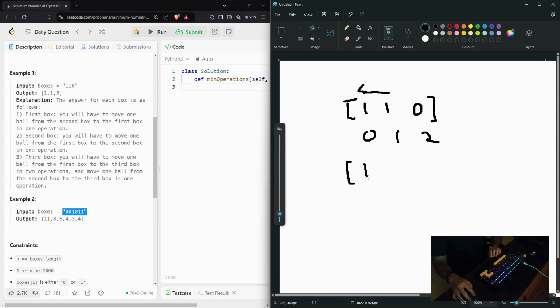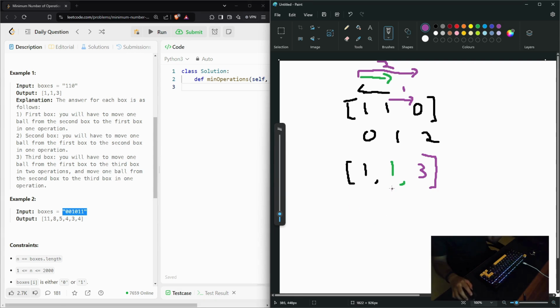For this one we see again a ball is already there. A movement will be required from the left because we have a ball on the left, no balls on the right, so 1 unit. For the last index we see 2 balls on the left, so this goes 1 unit, and this from here to here goes 2 units, 1 and 2, so 3. That is why we have 1 1 3 as the answer. So this is how the solution is going to work. This is what they want us to do.